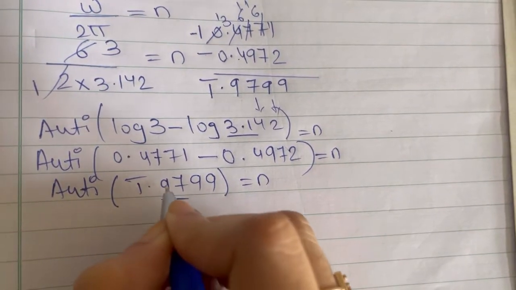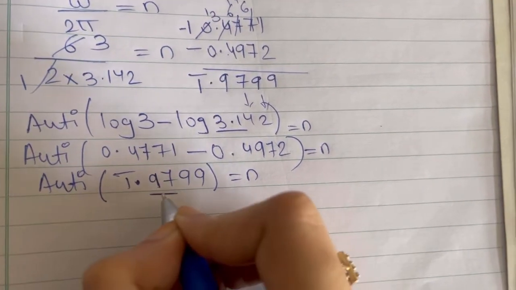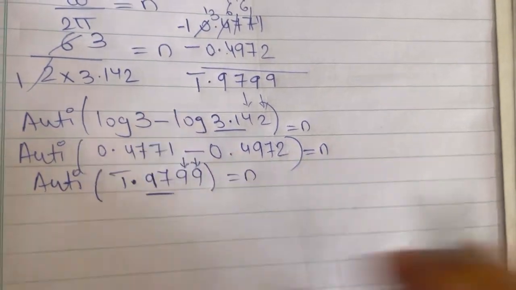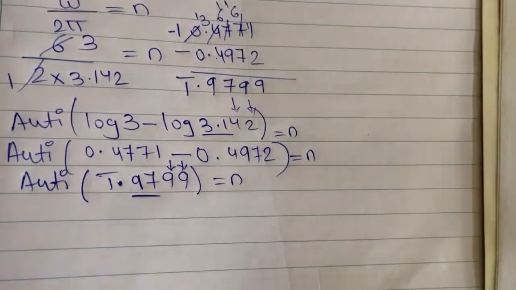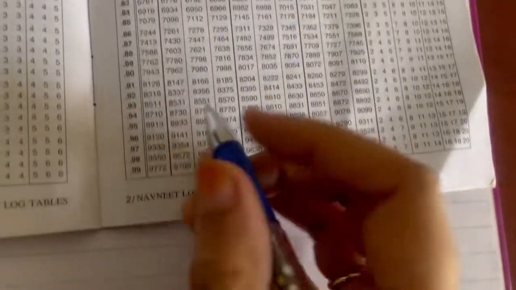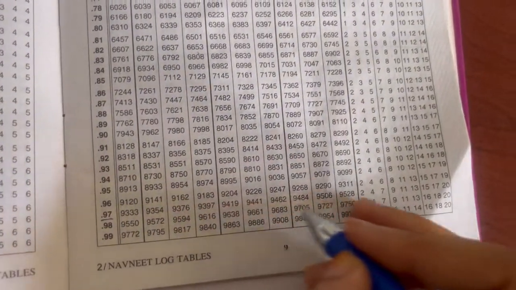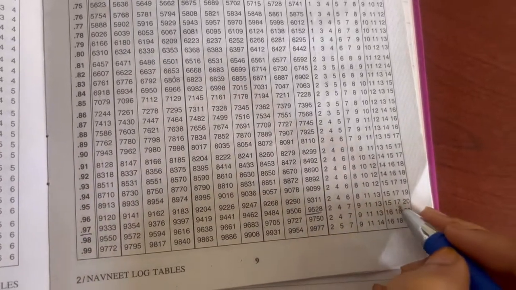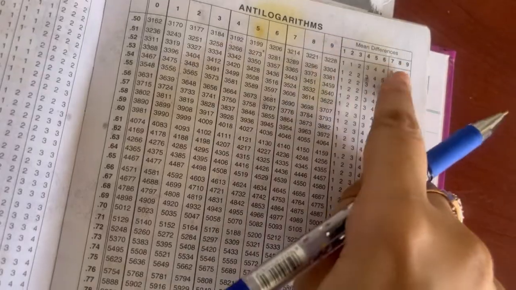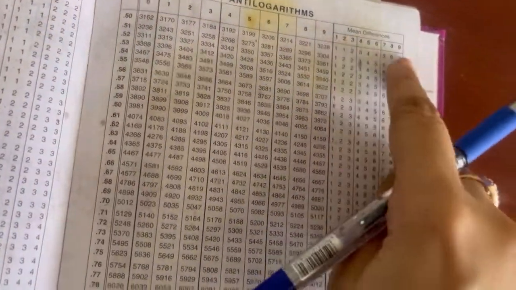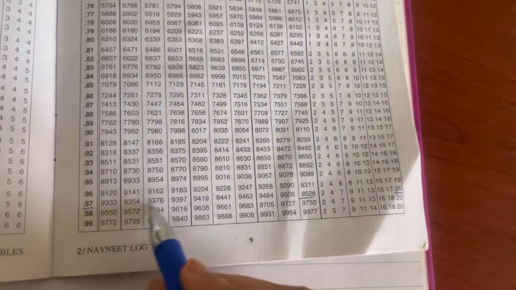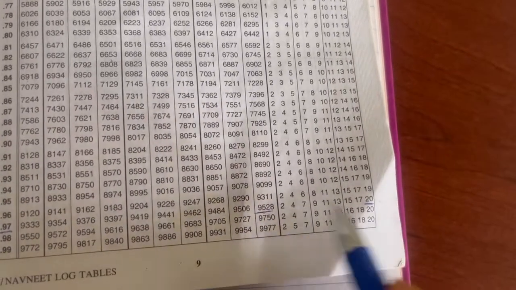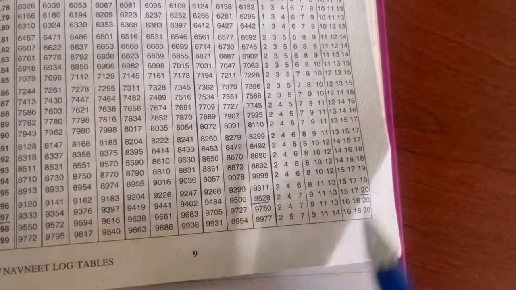When you calculate the anti-log, you will see the number after the point. So 97, then 9, then 9. Here it is anti-log. For 97, this is 9, and the mean difference for 9 is also 9. So it is 9528 plus 20.